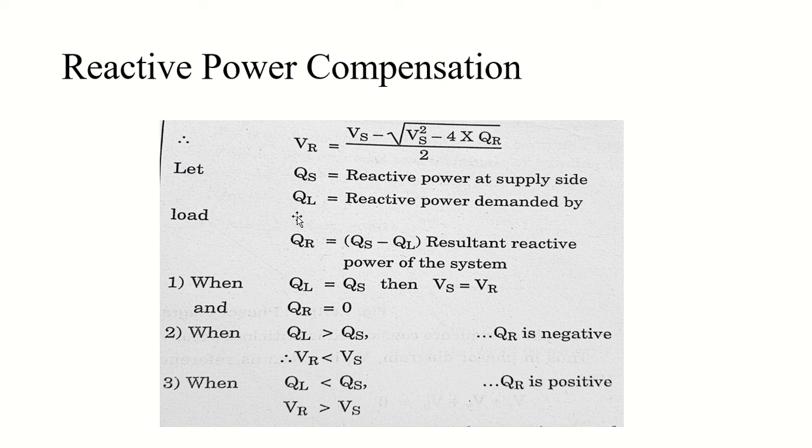This is always a desirable case. Now taking the third scenario, when QL is less than QS, when load side reactive power is less than supply side reactive power, which means QR is positive, the resultant reactive power is positive. And when this happens, VR will exceed Vs, which means the voltage on the receiving end will be greater than the voltage on the sending end.